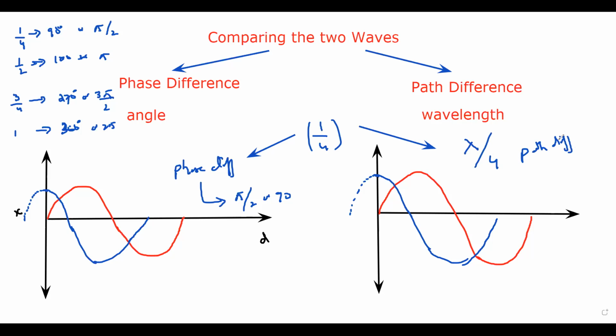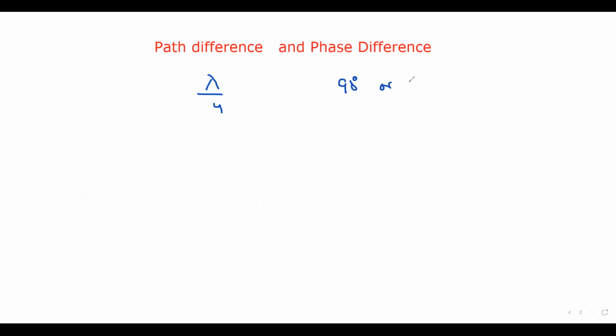So there is a relation between the path difference and the phase difference as well. If the path difference is equal to a quarter of the wavelength, then the phase difference will be 90 or pi/2.